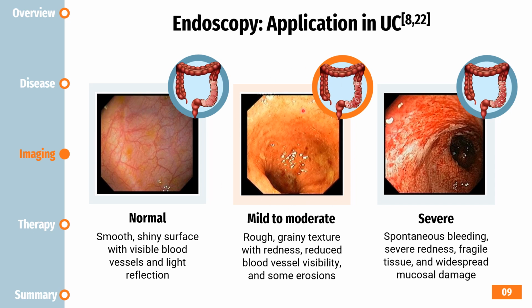A colon with mild to moderate UC will have a rough and grainy texture with some noticeable redness, reduced or zero blood vessel visibility, and some erosions. A colon with severe UC will have severe redness due to spontaneous or continuous bleeding, visibly fragile tissue, and widespread mucosal damage.